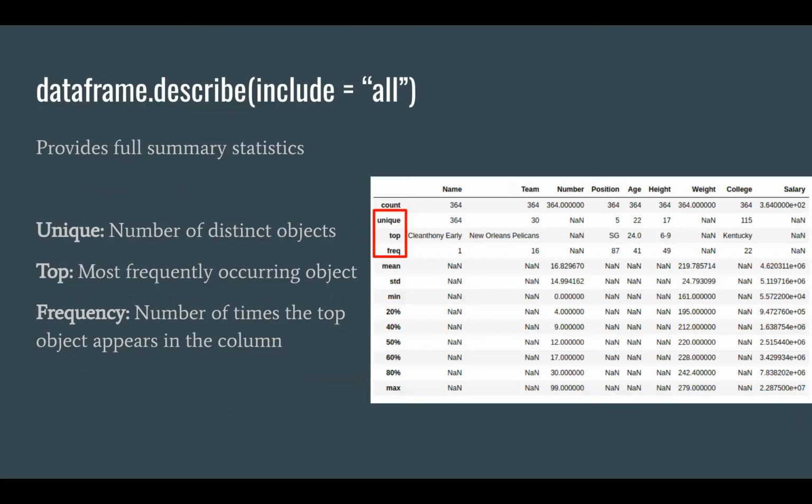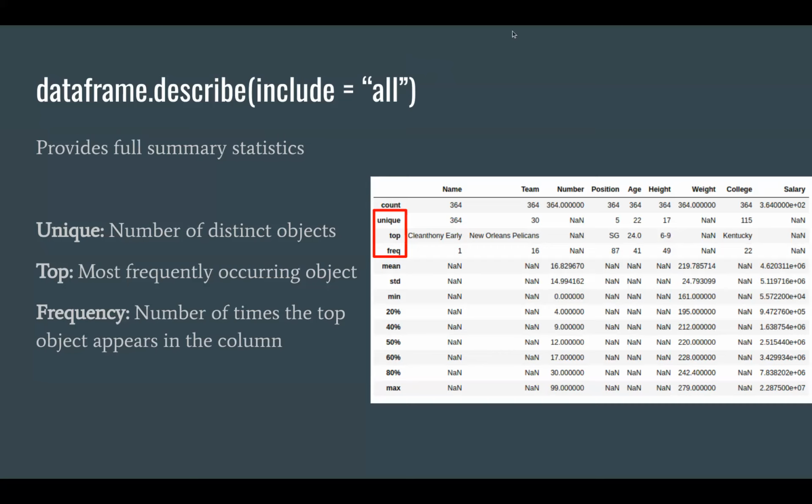So by default, the data frame describe method skips rows and columns that do not contain numbers. So it is possible to make the describe method work for object type columns as well.